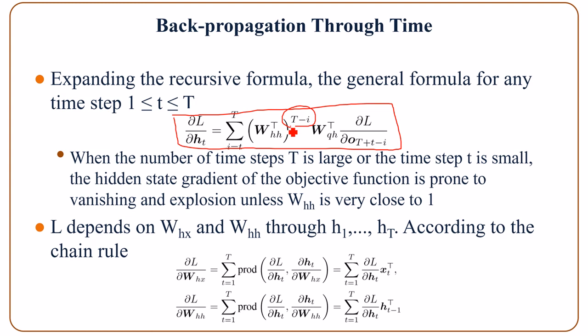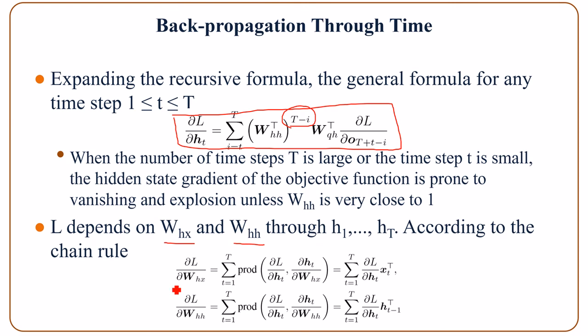In that case, when taking the power to the uppercase T minus i, the vanishing or the explosion of gradient do not happen. So now we can calculate the derivative of the loss with other weights such as W_HX and W_HH.